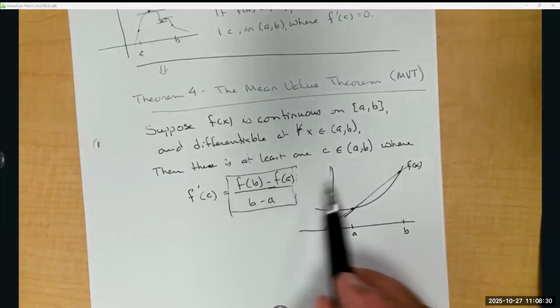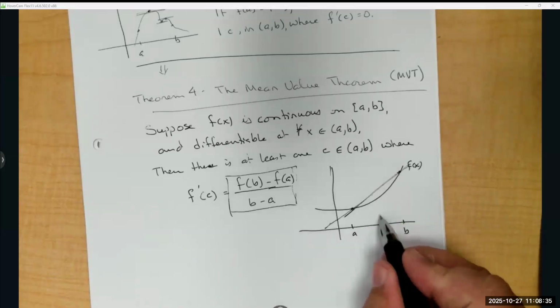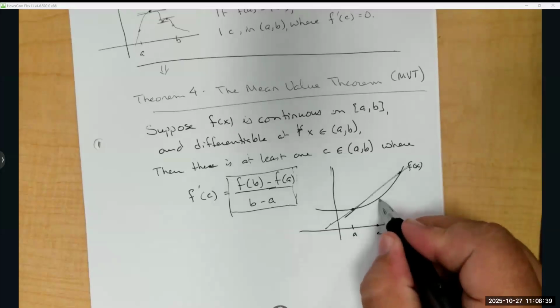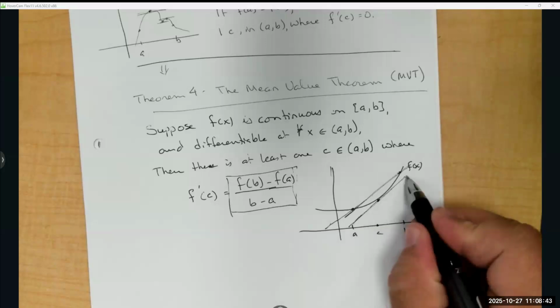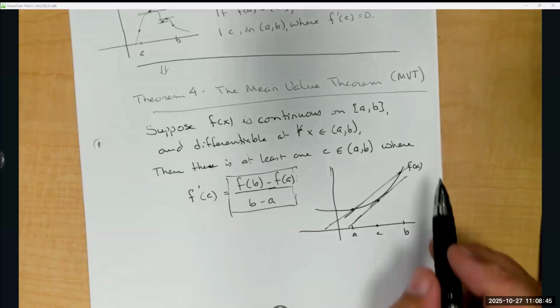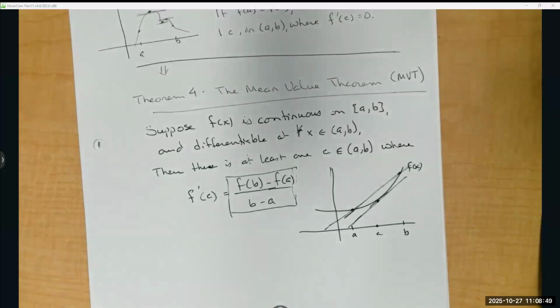This c point is an interior point inside the interval, while a and b are the endpoints. There's some value c somewhere between there where the derivative, the tangent line, is equal to the slope of the curve at those 2 points.